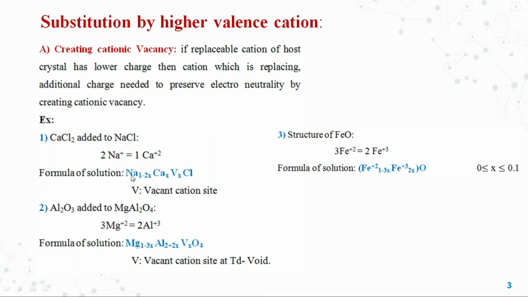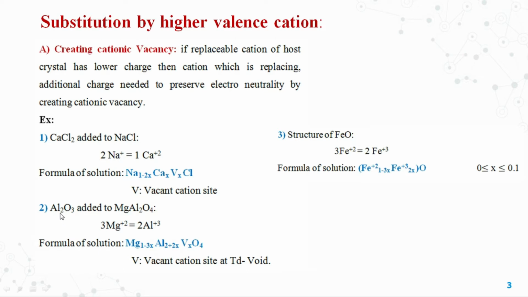Let me consider 2x number of Na is removed and x number of calcium is added. So the formula of the solution is Na(1-2x) Ca(x) V(x) Cl. V stands for vacant cation site or empty cation site, which are x in number. So this is the formula of the solution we get.